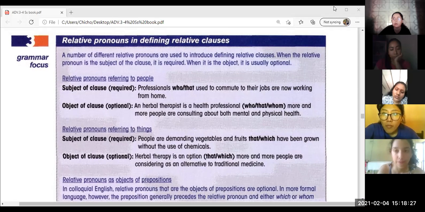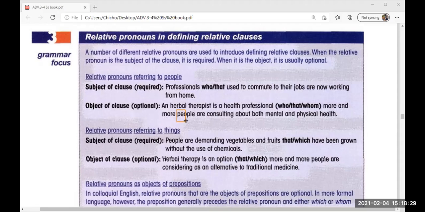People are. Very good. So we have people and we have the verb are. So this more and more is just additional words. More and more people are. Okay, very good. So we can omit.